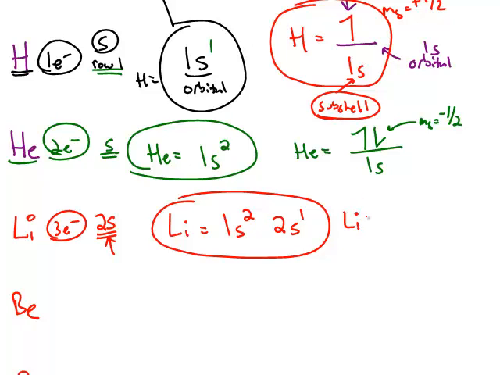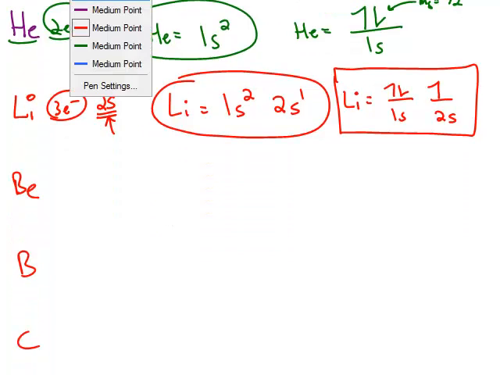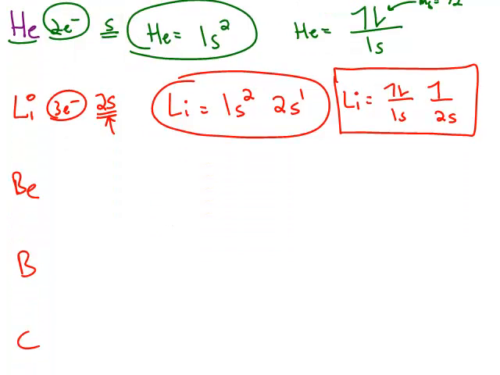The orbital diagram: the first 2 electrons look just like helium's, and then we have the 2s subshell that has one orbital in there, and for lithium we write the electron with the spin pointing up. Beryllium is right next to lithium, 4 electrons total.